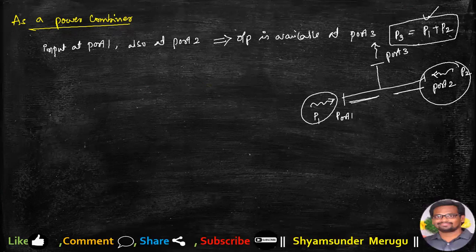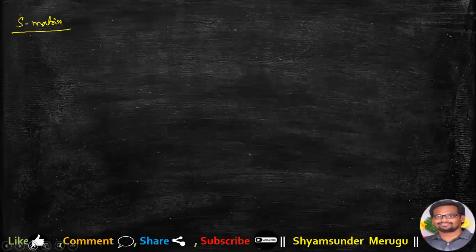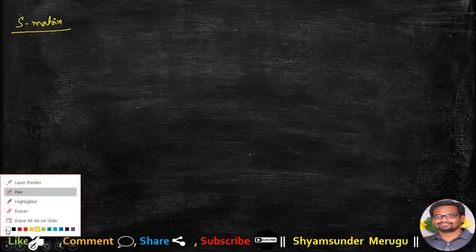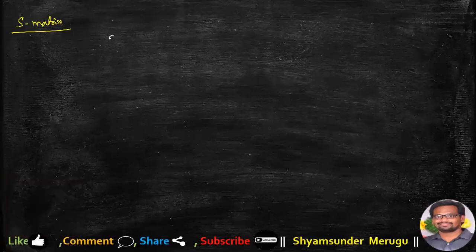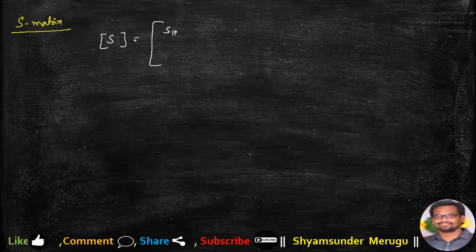Now let us derive the S matrix for this E plane T, right? So let us take a new slide here. The E plane T is a 3-port device. For a 3-port device, we know the scattering matrix can be defined as a 3 by 3 matrix, so we will be having 3 rows and 3 columns.